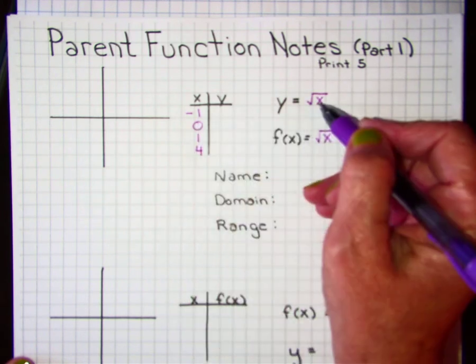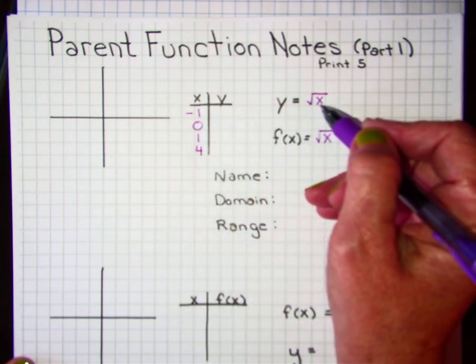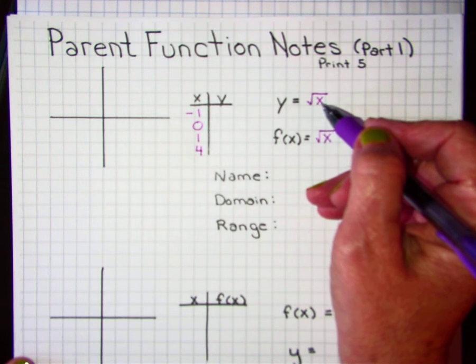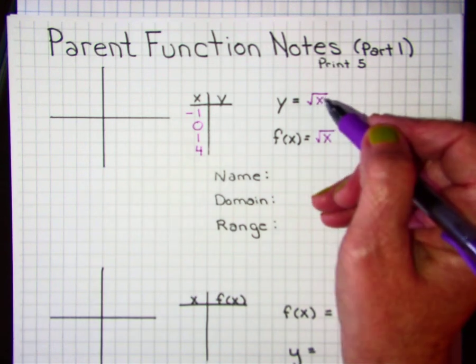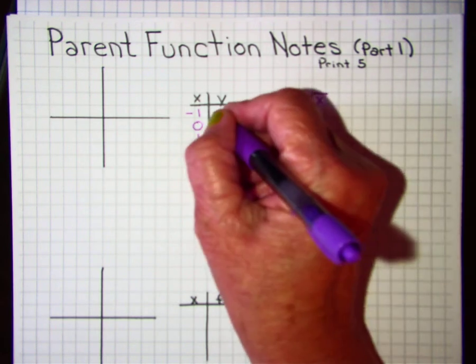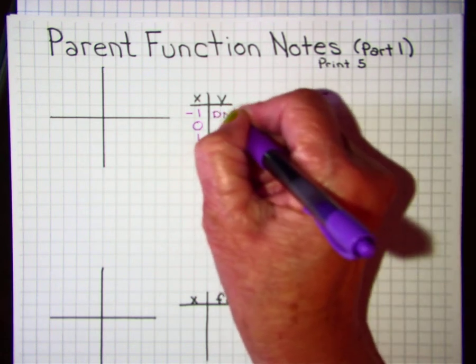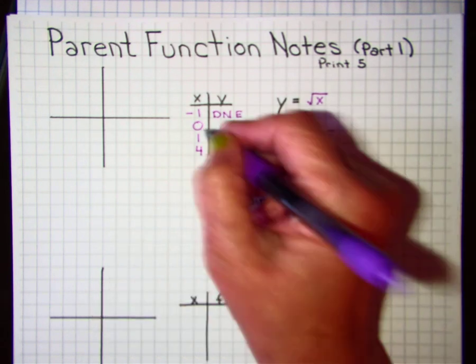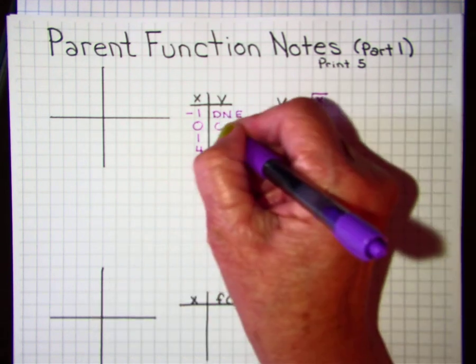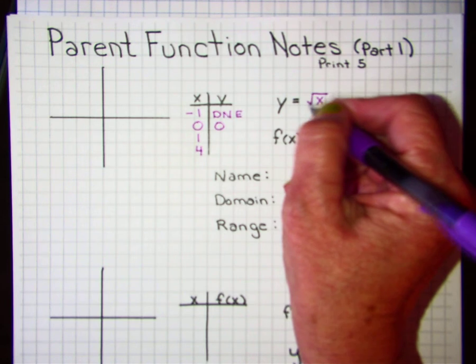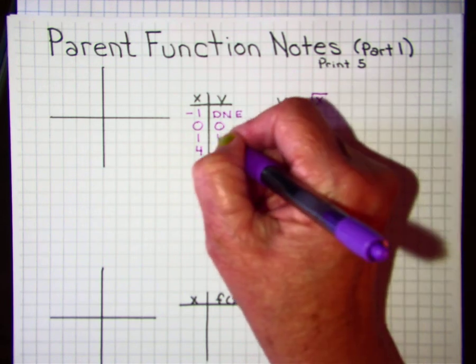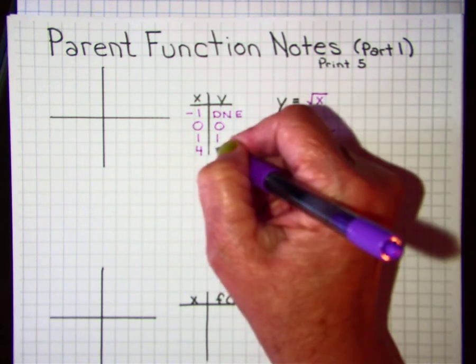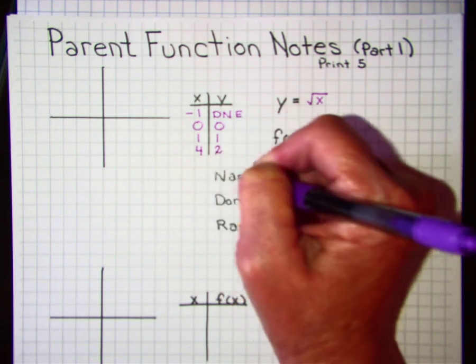So if I put a -1 under here as the x, I don't get a number. I get a complex number or imaginary number back. So this, I'm going to just write DNE, which means does not exist. Put a 0 under there, I get a 0 back. I put a square root of 1, it's going to give me 1, and the square root of 4 will give me 2.